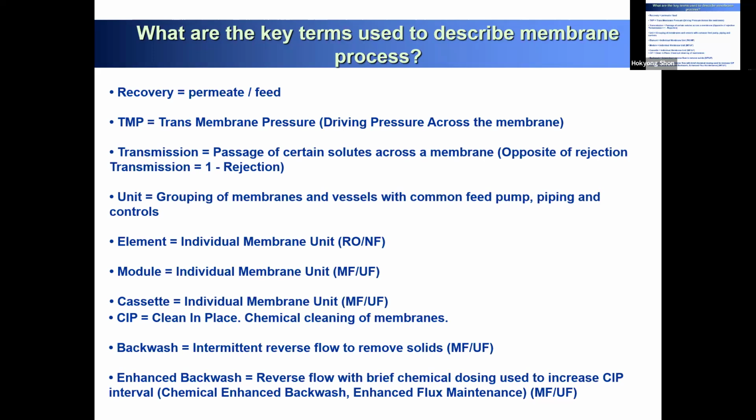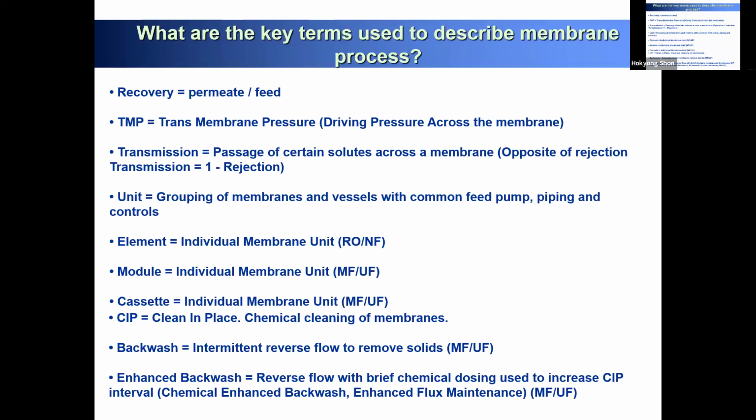The unit is also an important concept when you design. We just say unit or train. So we want to design 250 megaliter per day. So when you design your process, you separate it into smaller sizes.